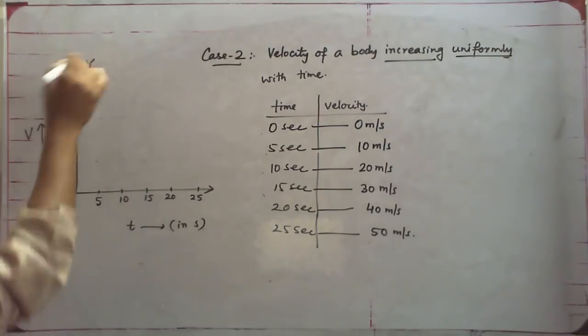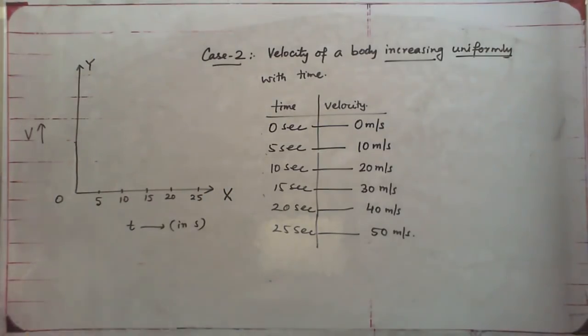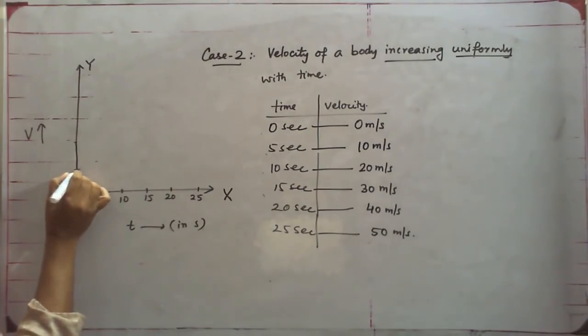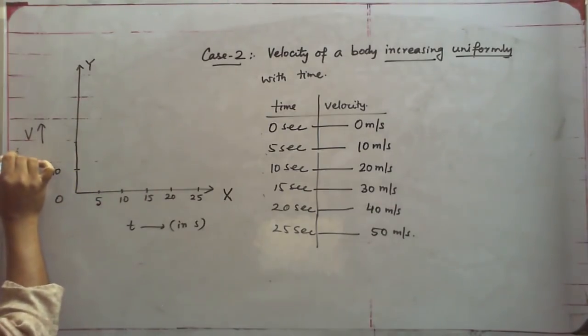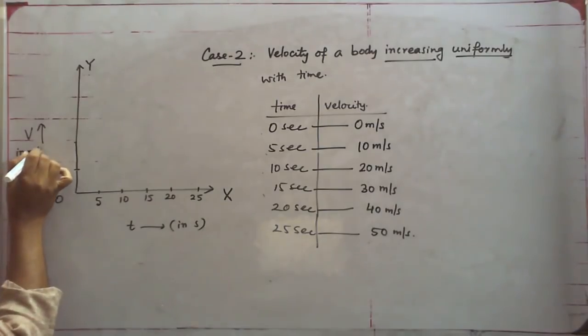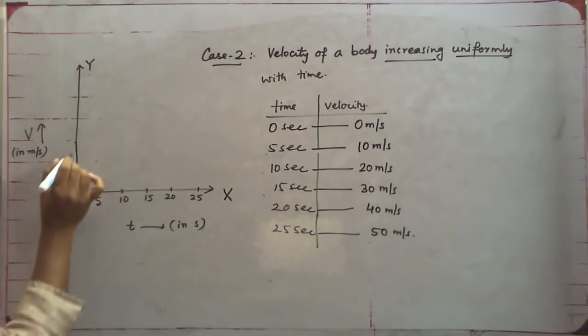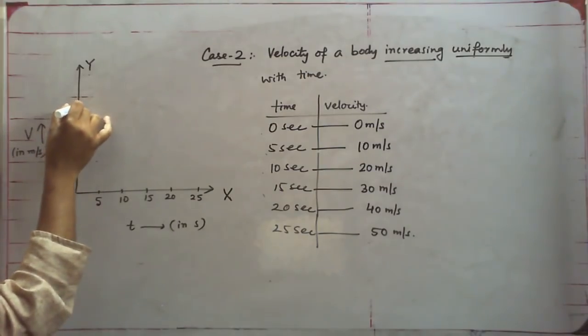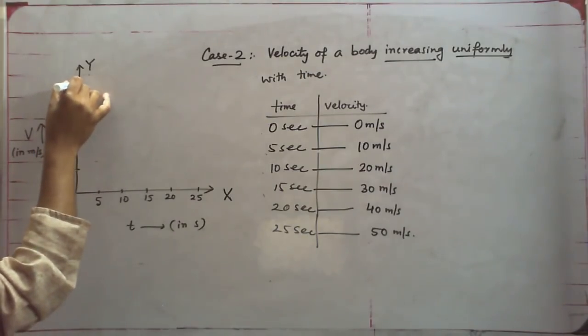Velocity along the y-axis, time along the x-axis. So it is 0, then we have got 10, this is in meter per second, then 20, 30, let us say 40 and 50.